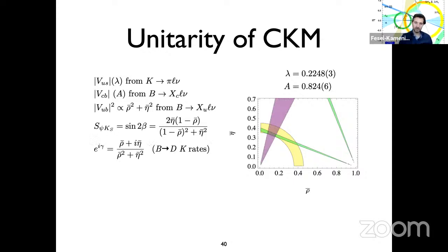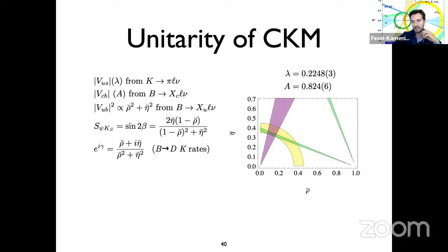Similarly, one can use now measurements of rates of B to DK final states to extract the other CKM angle gamma, which again can be written out in terms of rho bar and eta bar, and the current measurements allow us to constrain this angle to lie in this purple cone.